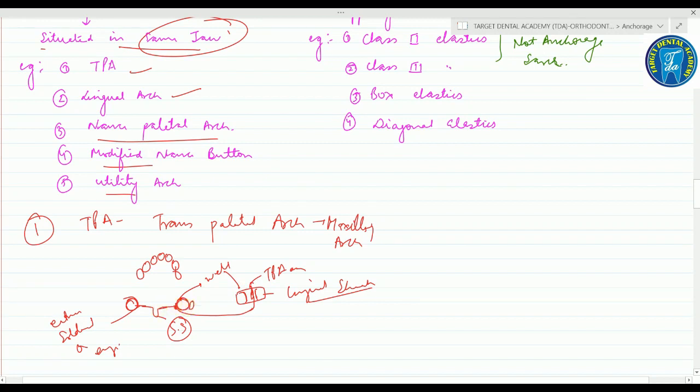The TPA was given by Robert A. Goshgarian, and it is also used for molar distalization.